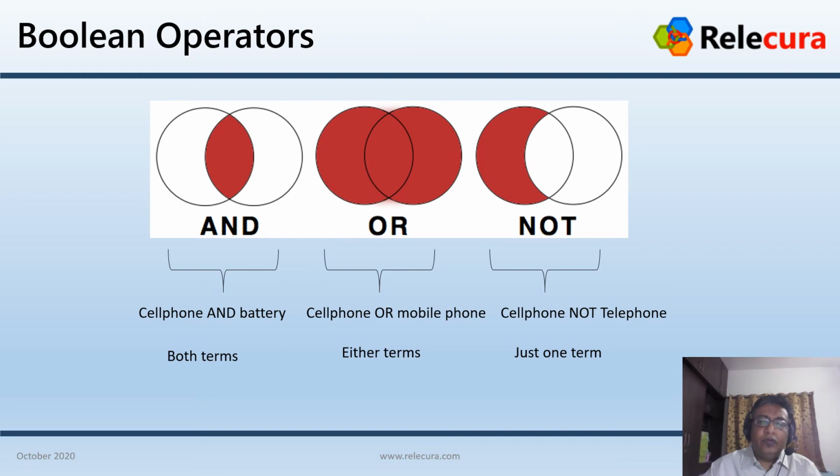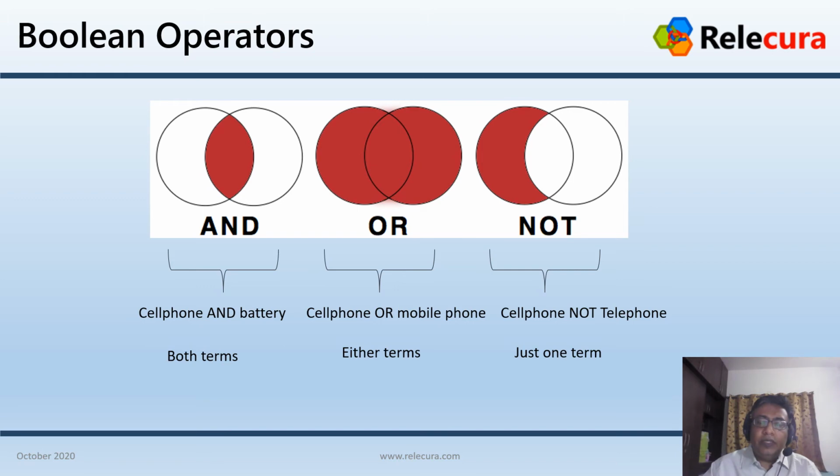So if you want to search for cell phone or mobile phone, both kinds of patents will come. If they are talking about cell phone, that will also come. If they are talking about mobile phone, that will also come. So either term will be included.